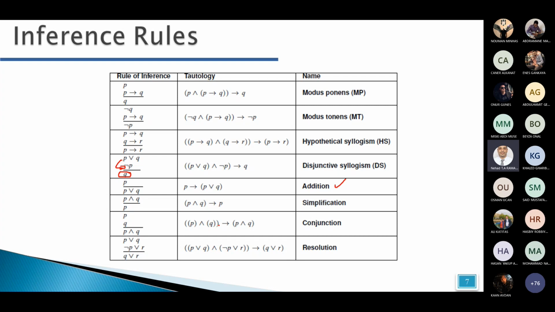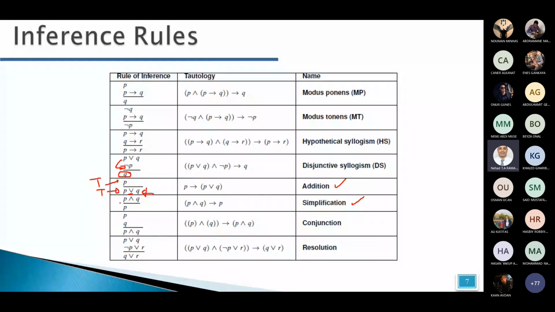Because the first part, the sun comes from the east, is true. So true or anything, it's true. So if I give you premise P, you can make an or with any other premise and the conclusion will be true.